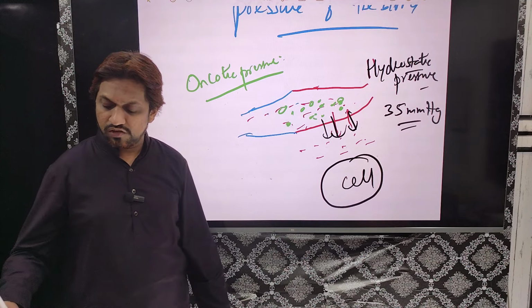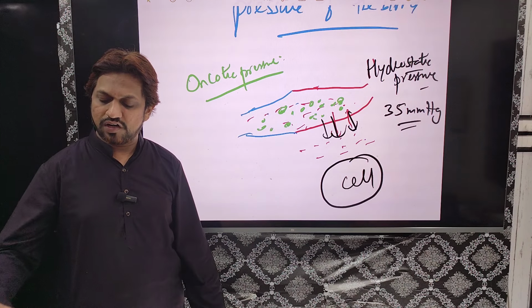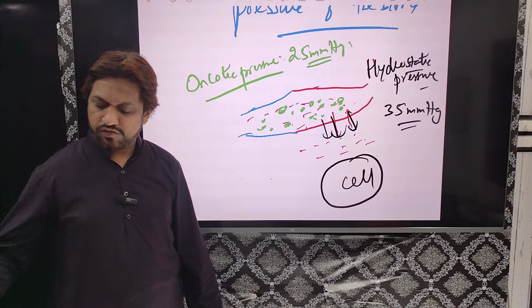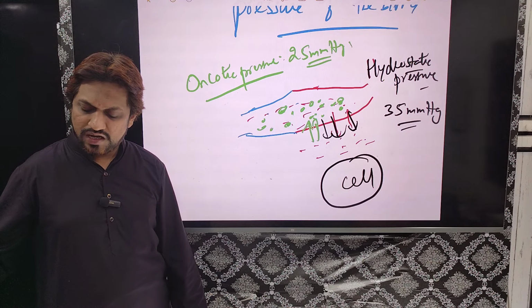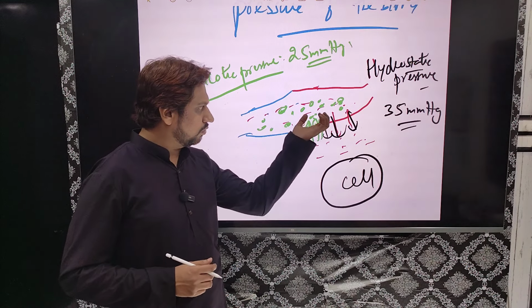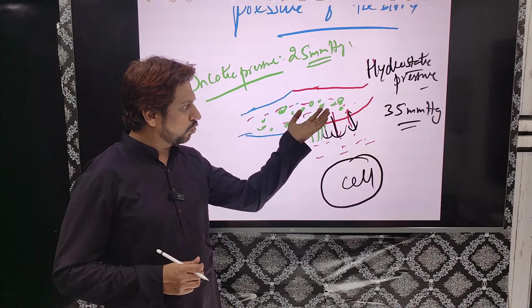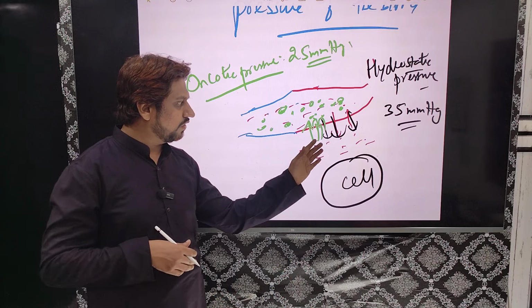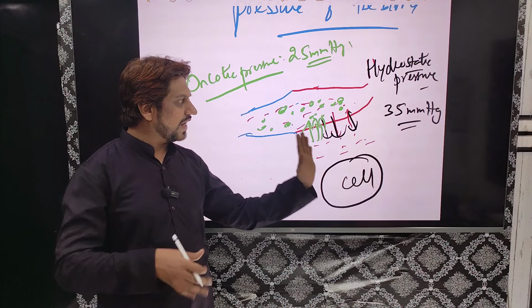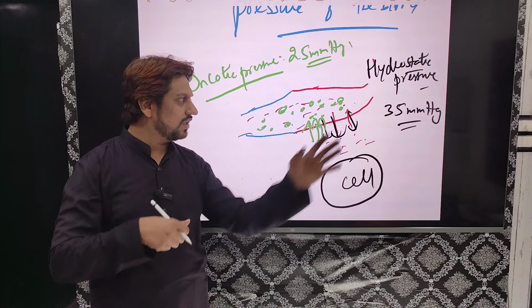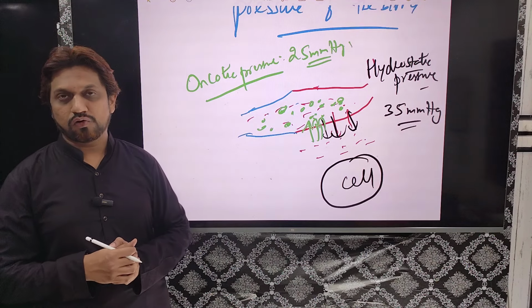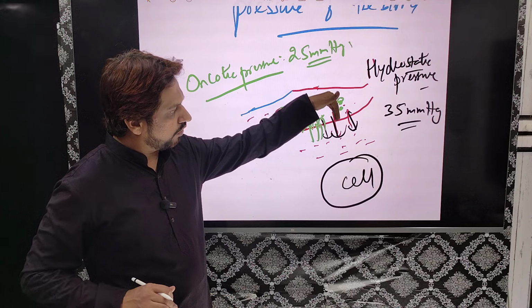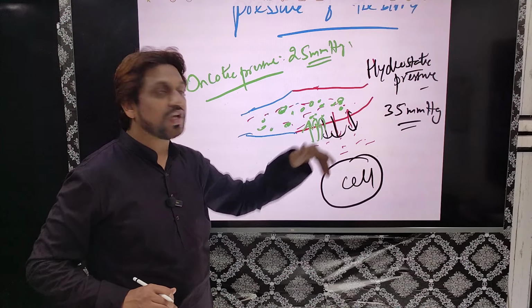Exerted by the plasma proteins, albumin, they will exert a pressure of around 25 millimeter of mercury. What this pressure will do is tend to prevent the fluid from going outside. That is, they will act as a suction force by which the fluid is dragged or remains inside the capillaries. So it will prevent the fluid from crossing this capillary membrane and coming into the interstitium.